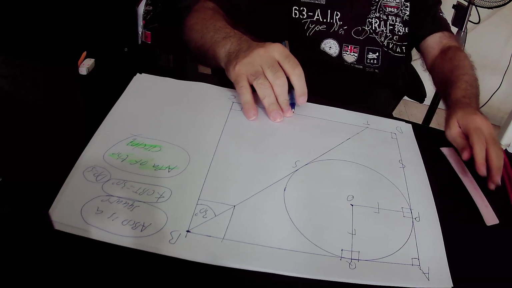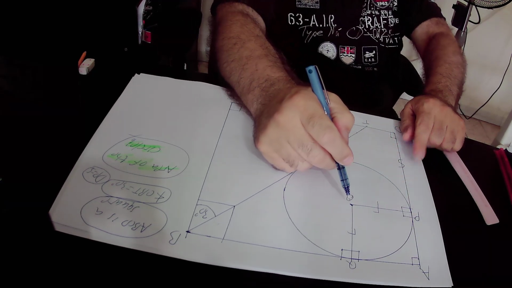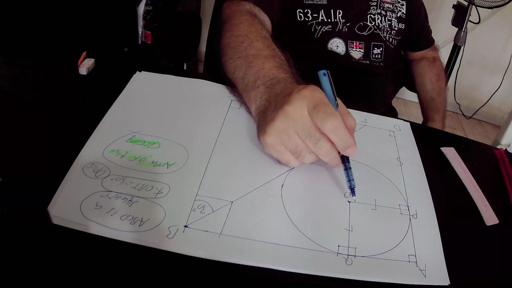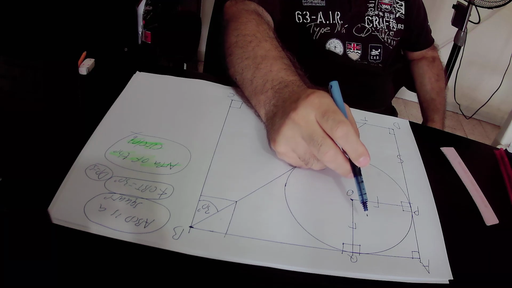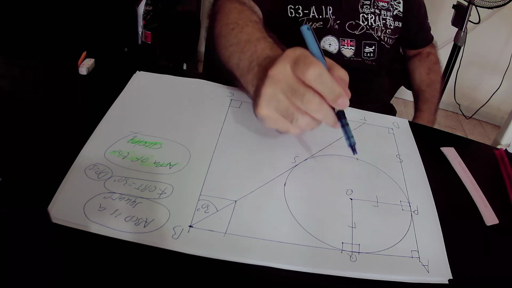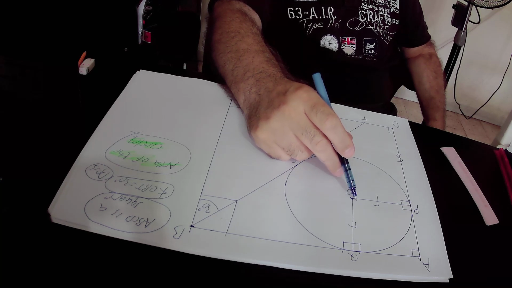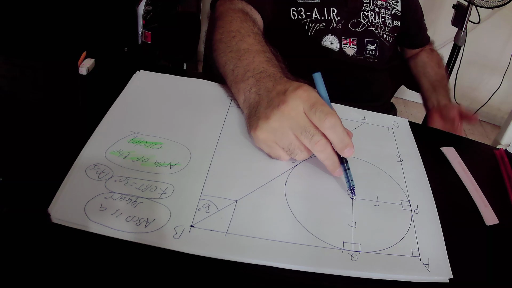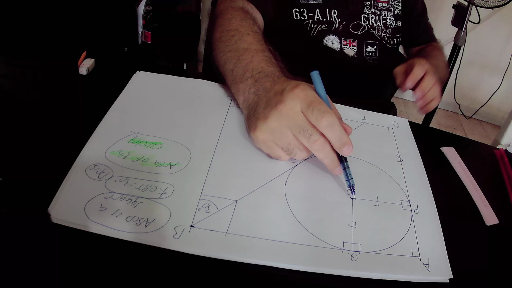So actually inside quadrilateral AQPO we have 3 right angles. The sum of 3 right angles is 270 degrees. So 270 degrees plus the size of the fourth angle. In total, the sum of those 4 angles must be equal to 360 degrees, according to the rule that the sum of the angles in any quadrilateral is equal to 360 degrees.